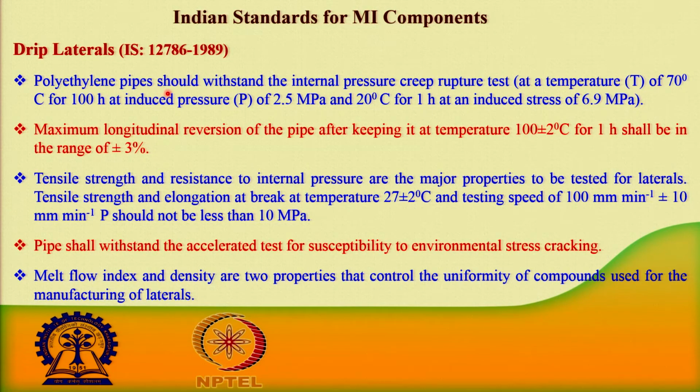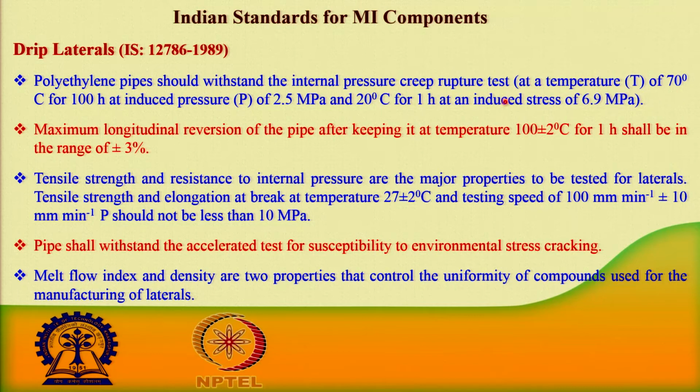Normally, these drip laterals are made up of LDPE or LLDPE, and it should withstand internal pressure creep rupture test at the temperature of 70 degrees Celsius for 100 hours at induced stress of 2.5 megapascal, and at 20 degrees Celsius for 1 hour and induced stress of 6.9 megapascal.